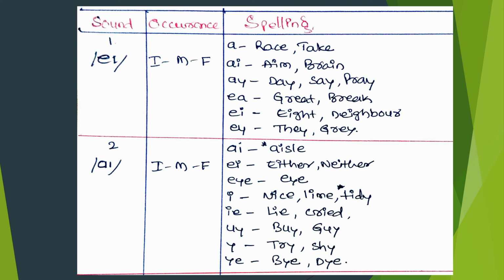Now see the spelling. With what letters do we represent this diphthong A? The diphthong A is represented with the letter A in the words such as RACE, which is raise. It is not ray. TAKE, take.